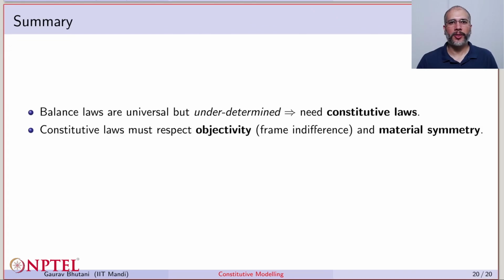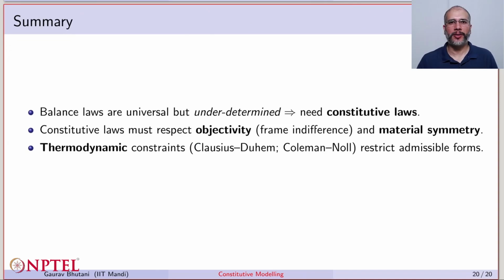Then we also discussed that these constitutive models cannot be arbitrary. They have to satisfy certain conditions. One condition is that they must satisfy objectivity. That is, they should not depend on the observer's translation or rotation. And then we saw that the constitutive model should also satisfy some material symmetry conditions. That is, the chosen model should satisfy the material symmetry group.